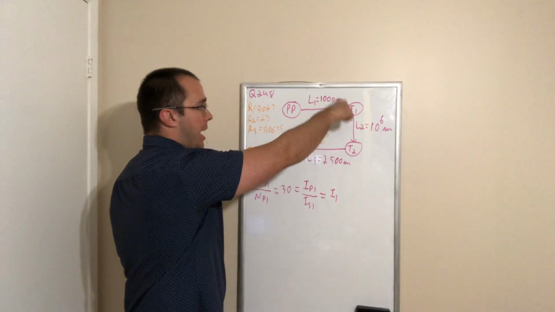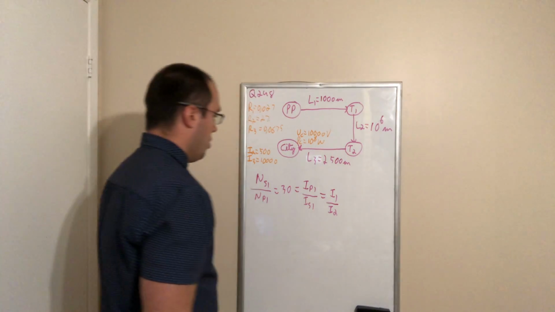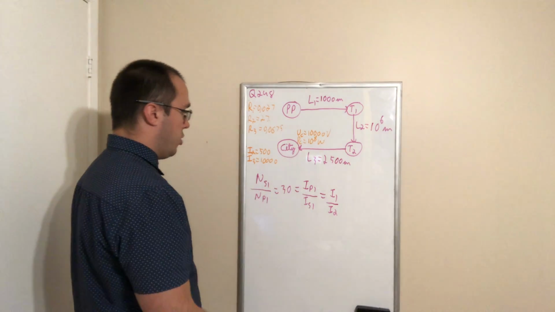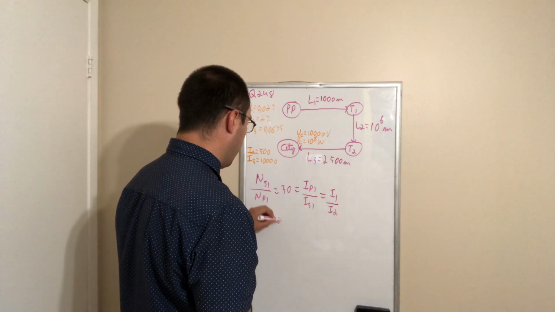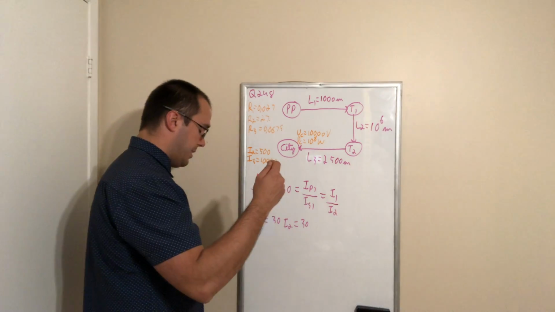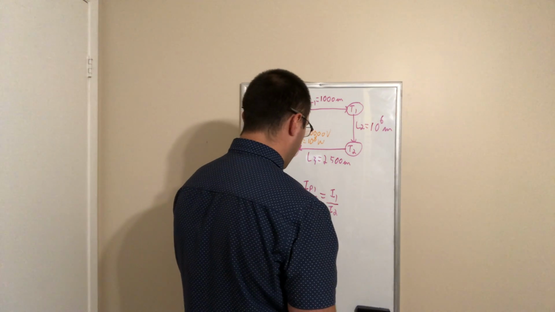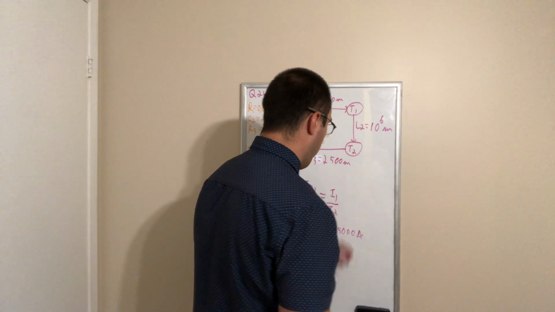IS1 is the current coming out, it is I2. So we already have I2. We know that I1 is equal to 30 times I2. I2 is equal to 500, so it's 30 multiplied by 500, and we get 15,000 amp.